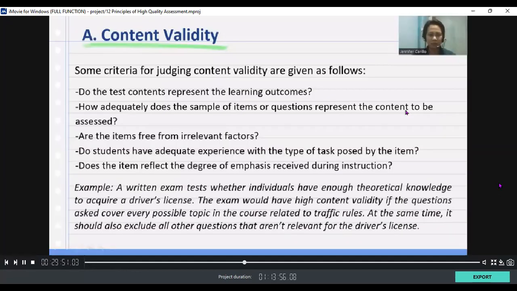Let's have the examples. For example, sa driving, acquiring a driver's license. Okay, so in acquiring the driver's license, you need to pass the TDC and PDC. So unsa man ang TDC? Theoretical Driving Course. So you will be taught with the different rules.